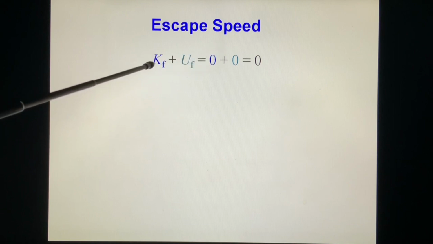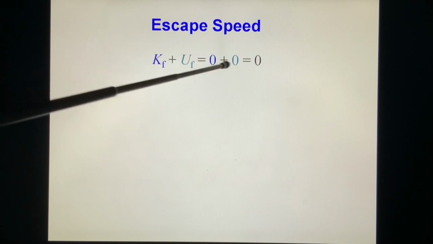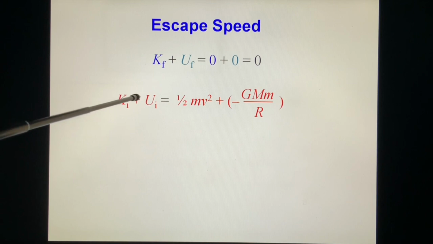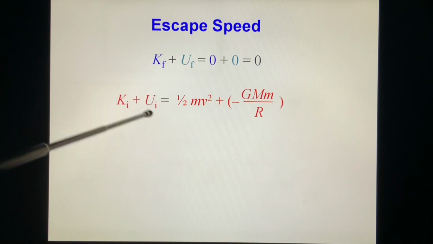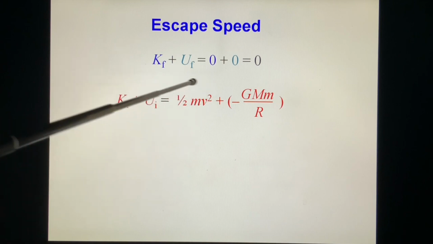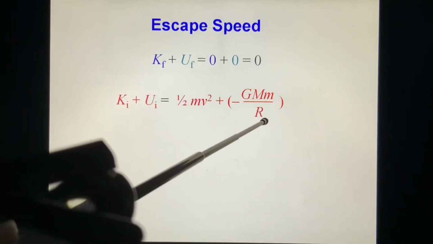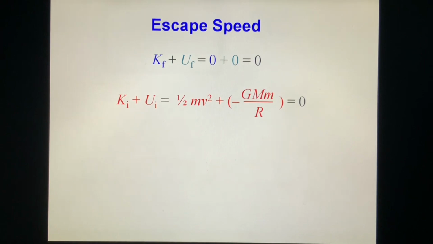So in this case, at infinity, the total energy is 0. Also, because mechanical energy is kinetic plus potential, the initial kinetic energy plus the initial potential energy at the Earth should be equal to 0.